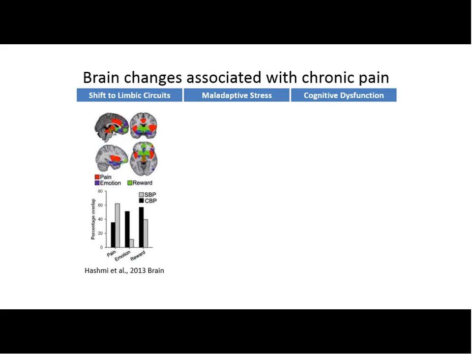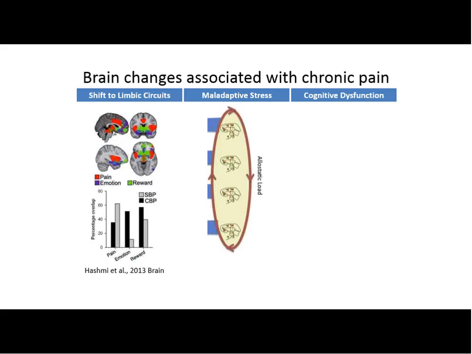It's generally thought that pain involves sensory, cognitive, and emotional components. And early on in neuroimaging studies, we were always looking for the changes in the sensory system. Patients are hypersensitive, so what's changing in sensory? What we've seen more recently is that these adaptations or maladaptations are actually occurring in other systems like limbic circuits.